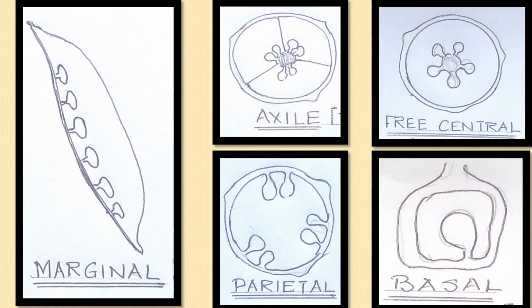When the placenta develops at the base of the ovary and a single ovule is attached to it, then the placentation is known as basal placentation. Example, sunflower. So today we have learned about the flower, its symmetry, estivation and placentation in detail.